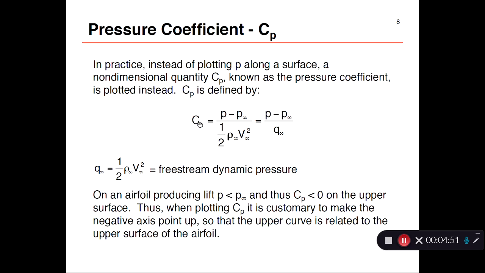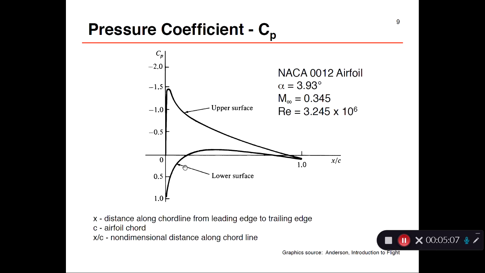Since Cp is non-dimensional, we will also non-dimensionalize the distances. For an airfoil, we will measure the distance along the chord line and divide it by the chord so that it goes from 0 to 1. This is a picture of x over c, from the nose of the aerofoil to the trailing edge. Cp goes from positive to negative.